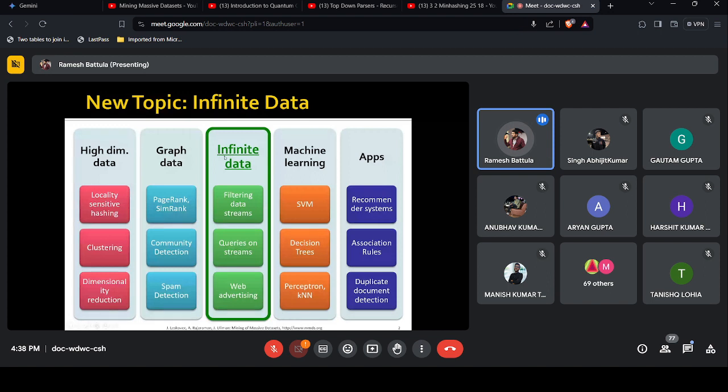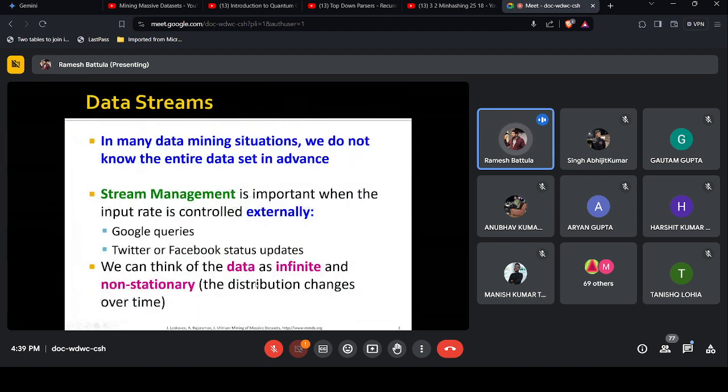Now we are coming to infinite data. We completed graph data and similarity ranking. These are the main applications of locality sensitive hashing. Now we are going to target infinite data, filtering data streams, filtering query streams, and filtering web addresses. These are the discussions we are going to have.